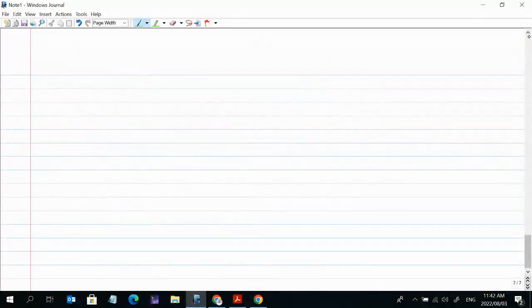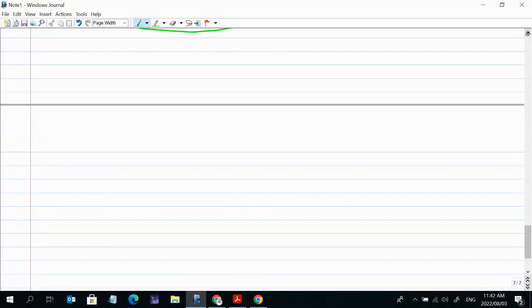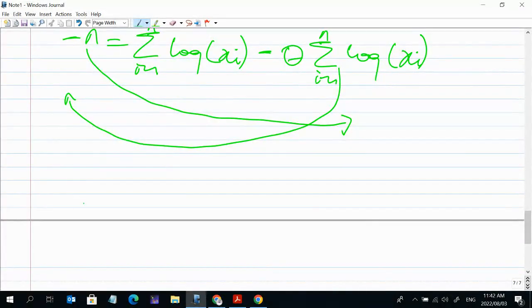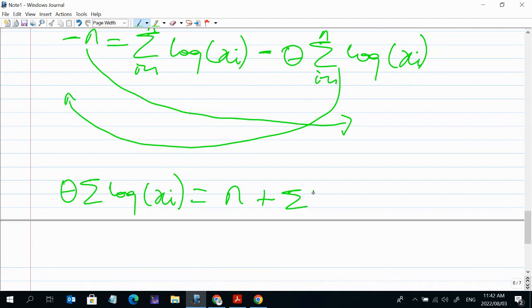And when we do that, this expression changes sign because it's going to the right. So we are having theta multiplied by the summation of the log. And the minus n, when it goes to the right, also changes sign. So we have n plus the summation of the log of xi, with i ranging from 1 to n.